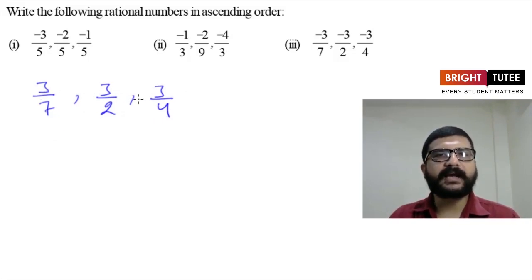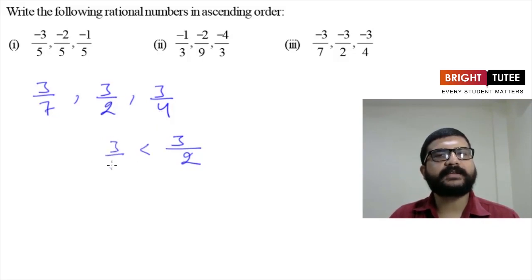If numerators are same, then the number having smallest denominator is the bigger. The number having smaller denominator is greater. So here the smaller denominator is 2. So it means this is the largest number here, 3 upon 2, and then it is 4.